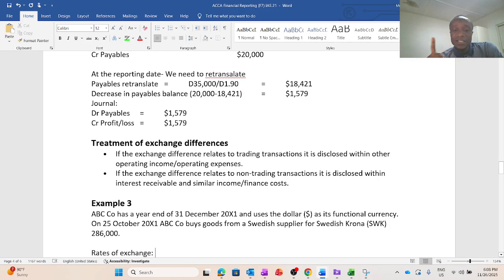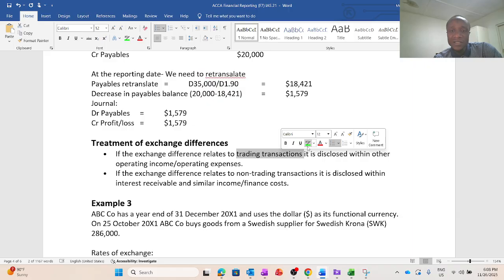If the exchange differences relate to trading transactions, a very important concept you need to know. I'm talking about trading transactions, the purchases, the sales, any transaction that gives rise to day-to-day trading activities.